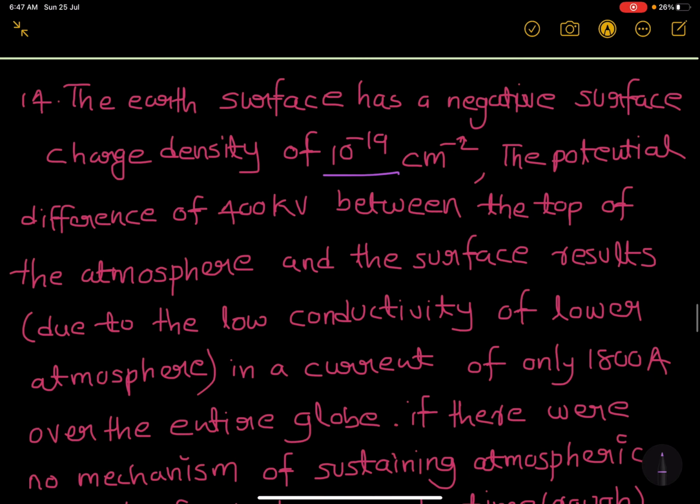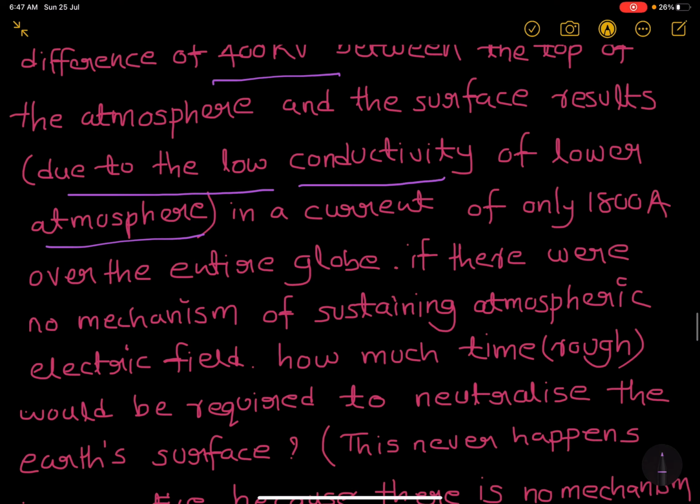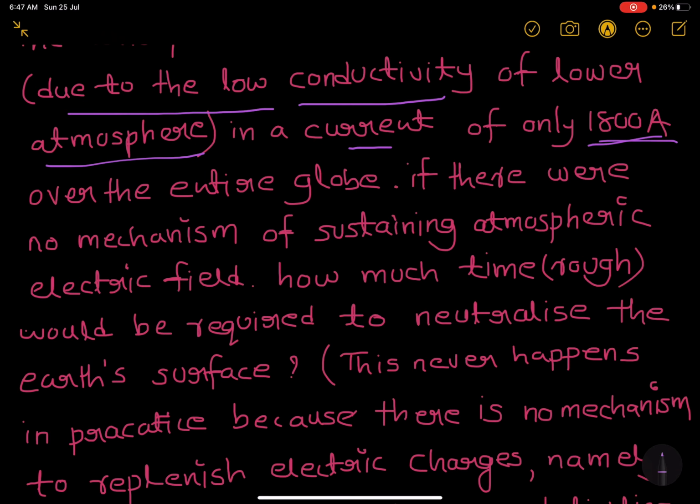The potential difference of 400 kV between the top of the atmosphere and the surface results, due to the low conductivity of the lower atmosphere, in a current of only 1800 amperes over the entire globe.